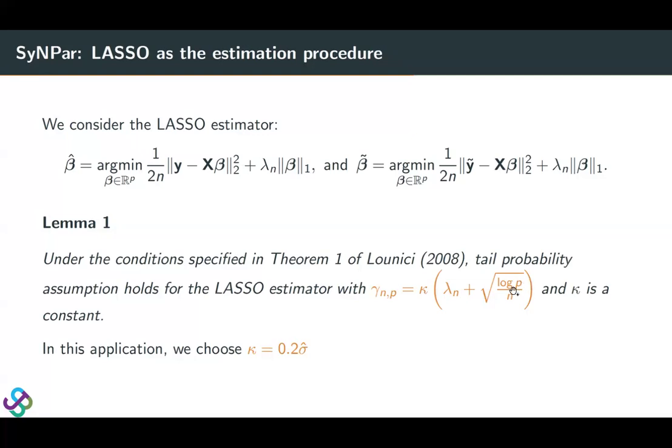This is a standard result in high-dimensional statistics. And lambda n from cross-validation is also on the same scale, root log p over n, with a constant there. In our numerical results, we set this constant to 0.2 times sigma hat based on our empirical evidence. But I will say that how to choose this correction factor is the most crucial thing for our procedure.